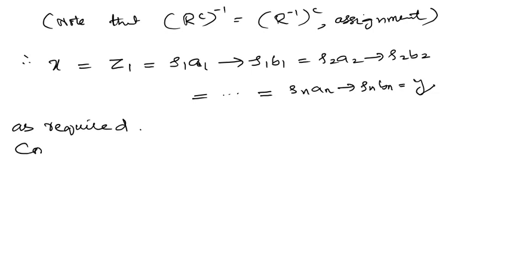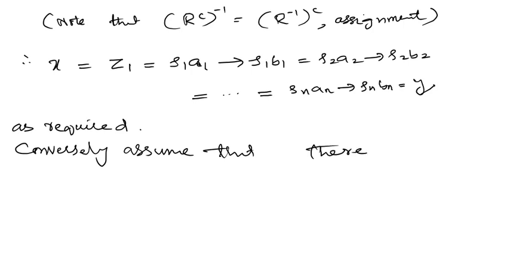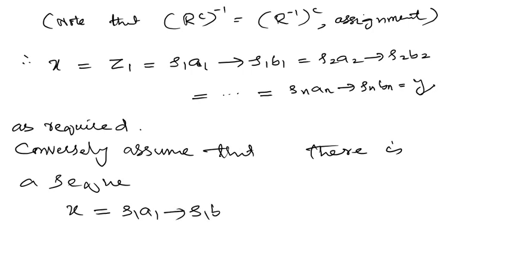Now conversely, assume that there is a sequence starting with x, s_1 a_1 to s_1 b_1 equal to s_2 a_2 to s_2 b_2, equal to s_n a_n transition s_n b_n, that is equal to y.